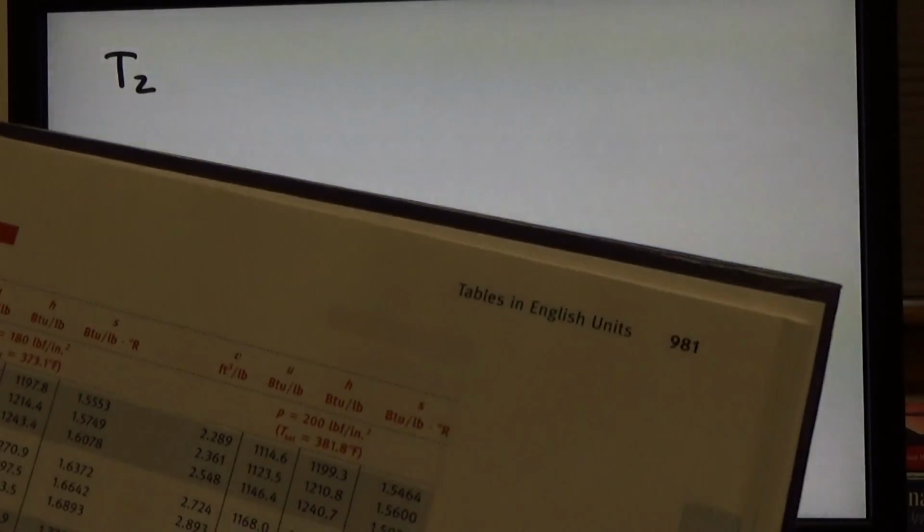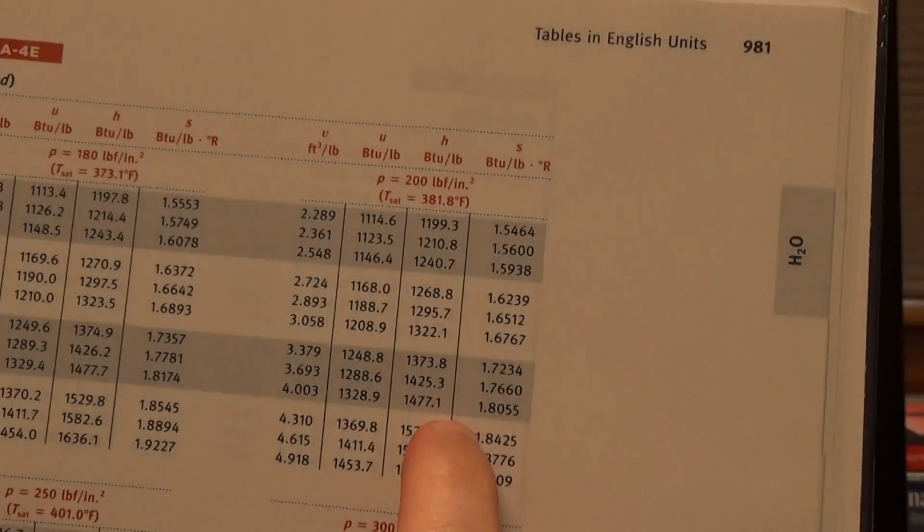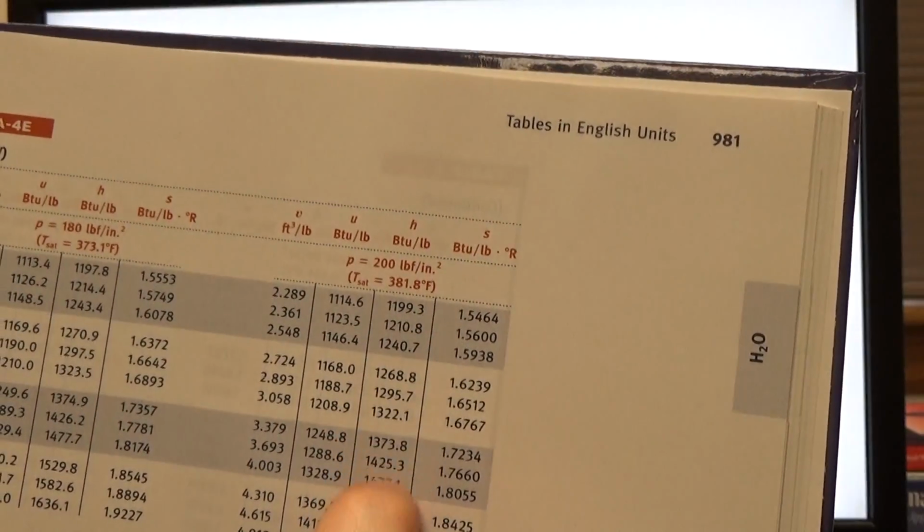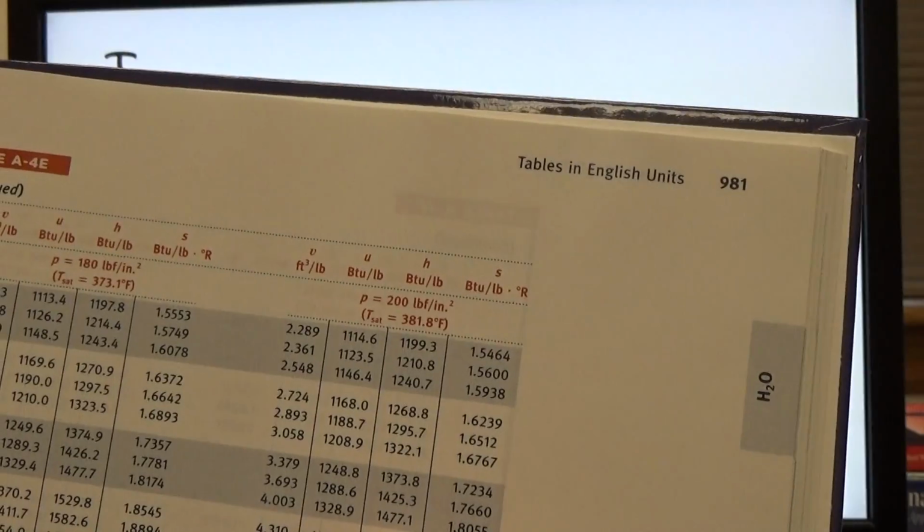Alright, so back in the steam tables, that's table A4E. Looking for the subtable for pressure is 200 psi. So here's the subtable for pressure is 200 psi. And then we're looking in the H column for something that brackets 1354.